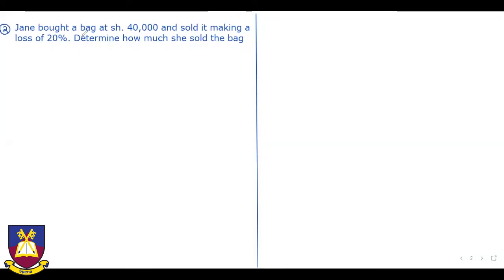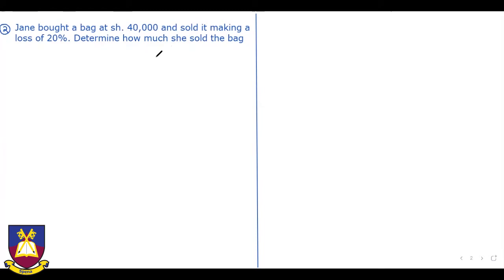Jane bought a bag at shillings 40,000 and sold it, making a loss of 20%. Determine how much she sold the bag. So we have the buying price and we are looking for the selling price.